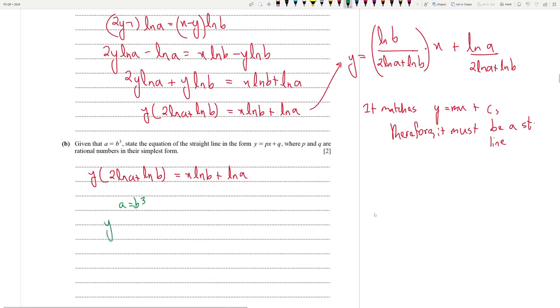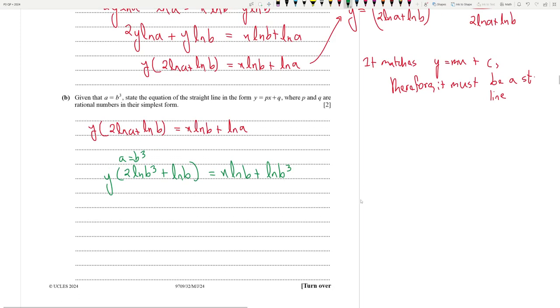So y times (2 ln b cube plus ln b) is x ln b plus ln b cube. 6 ln b plus ln b.